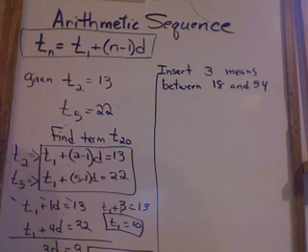The equation for this sequence, T sub n, equals T1, which is 10, plus n minus 1 times the d, which is 3. Let's simplify that. Tn equals 10 plus 3n minus 3.